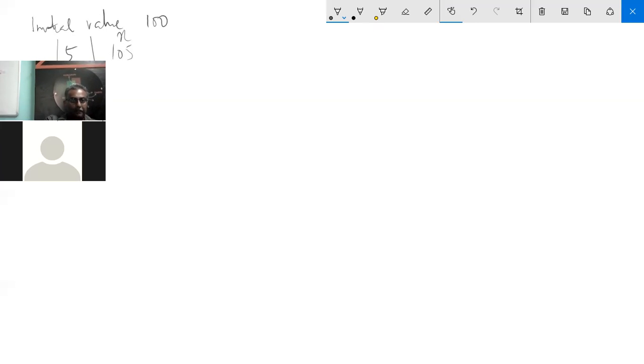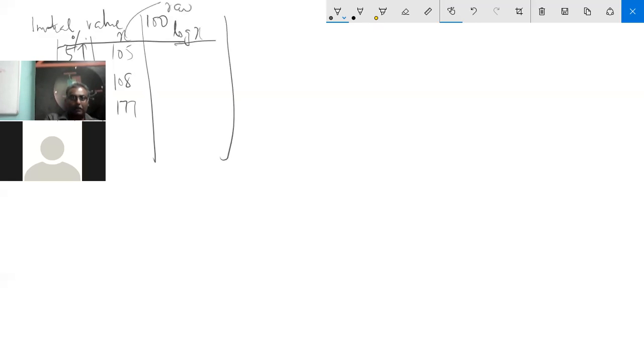Then the percentage increase is 8, so 108. Third year it increased by 77, so the value is 177. Now geometric mean you should find out. This is raw data. Raw or point data is given. No frequency is given.